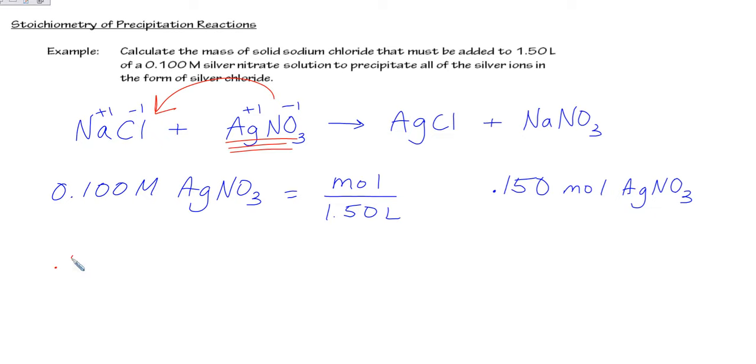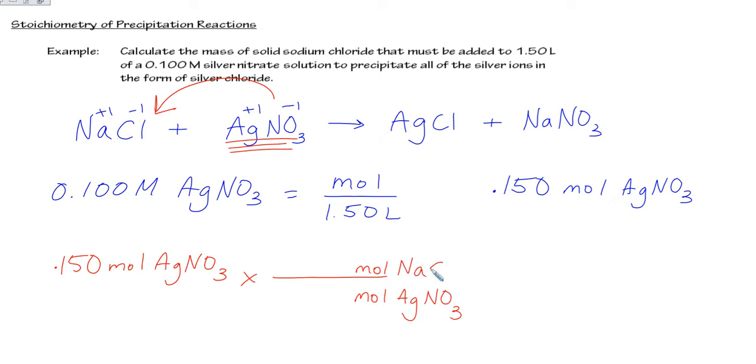We've got 0.150 moles of the silver nitrate. And if I wanted to be nice and proper, I would cancel moles of what I have. Since it's in moles, we can switch it over to what we want, the sodium chloride. Hey, it's a 1-to-1 ratio, so it doesn't do me anything. But it makes me happy to cancel out those units, so I keep it in there.